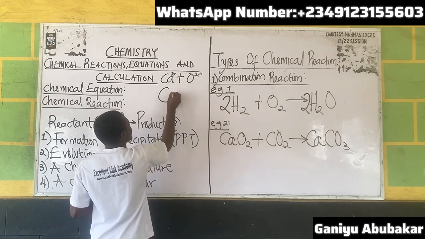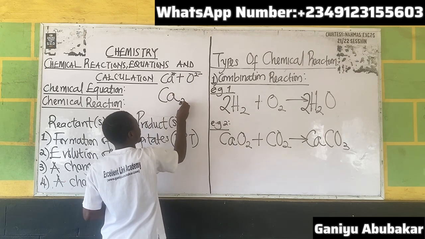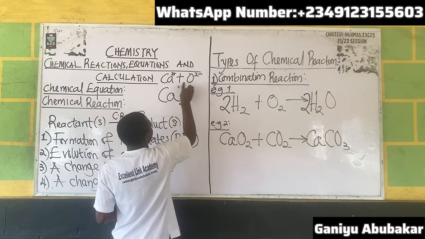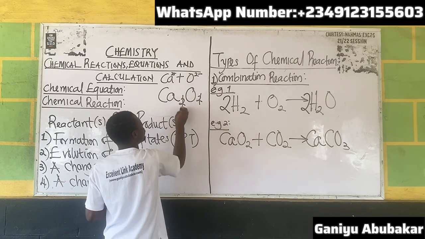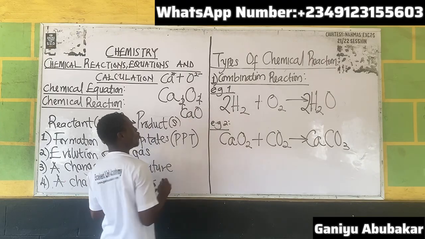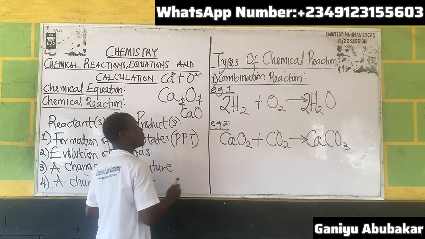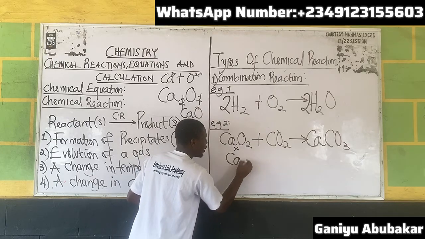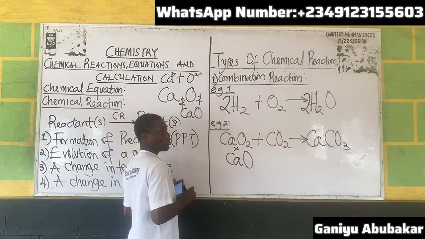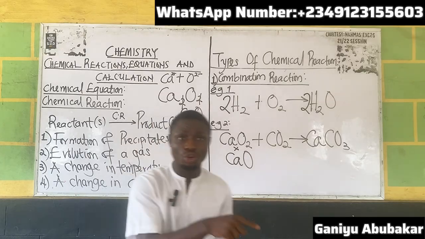This gives you Ca, this 2 comes here, then you have O2. So this will cancel this. So it means this gives you CaO. So the normal form, this is wrong. So it is meant to be what there? CaO.